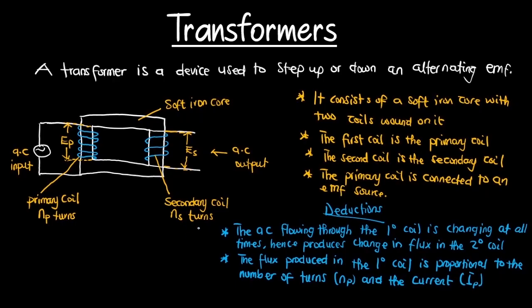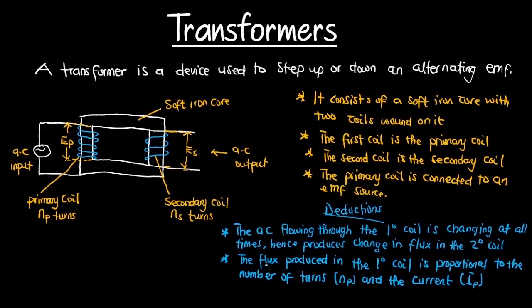Now the other way around is true for the secondary coil, so I'll not write that, you just quickly say it. So you can write this down. For the next deduction, the induced EMF in the secondary coil is proportional to the number of turns NS and the current IS flowing through the secondary coil.